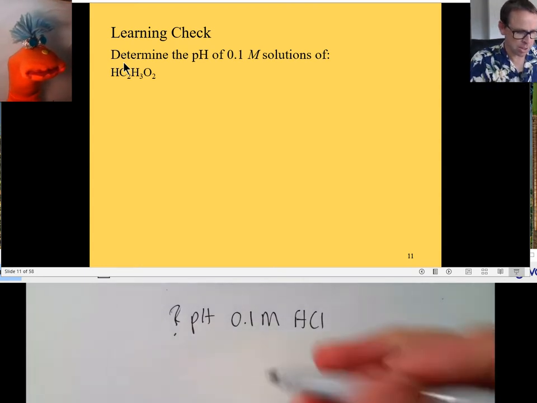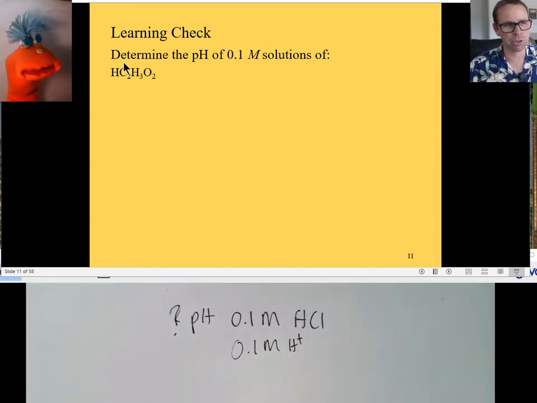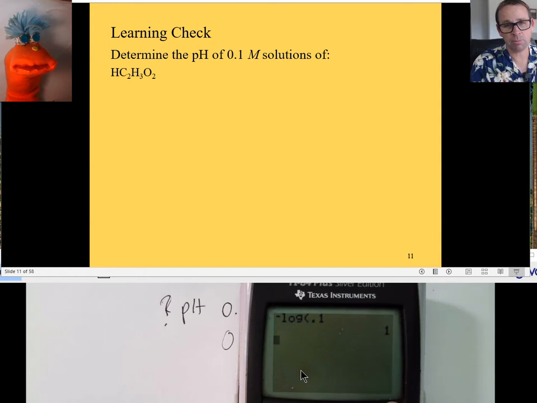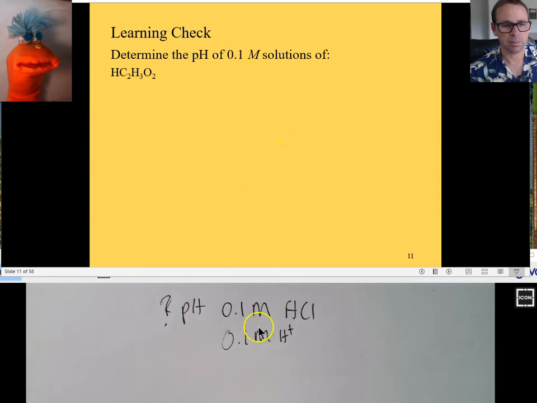So this is essentially saying, what's the pH of 0.1 molar H plus ion? Oh, then you just take the negative log. That's right. The negative log of 0.1, oh, sorry, of 0.1 is 1. So the pH would be 1 because the 0.1 molar hydrogen ion comes from the 0.1 molar HCl.